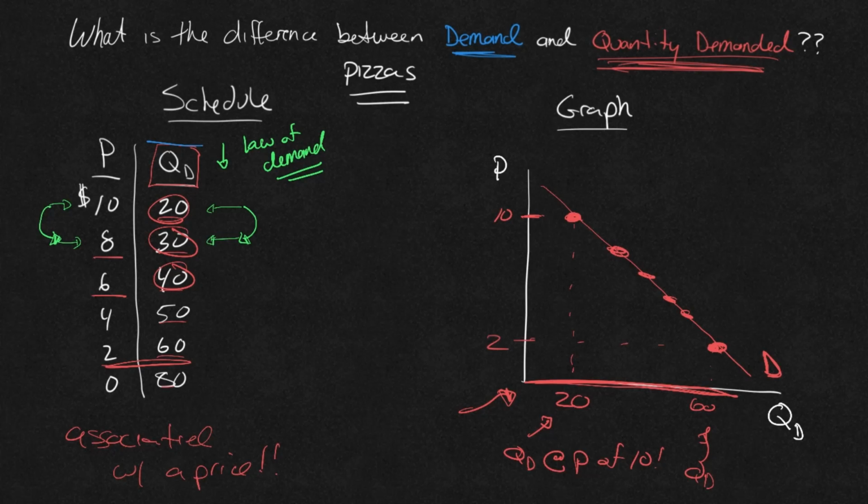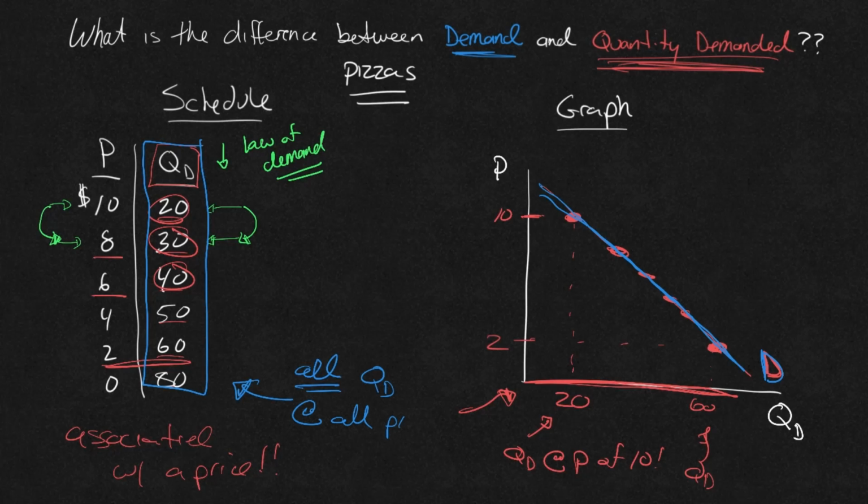Well, demand as a whole is the whole thing. It's the whole line. Demand is the whole line. So demand in itself is all quantity demandeds at all the prices. So demand overall is the entire curve.